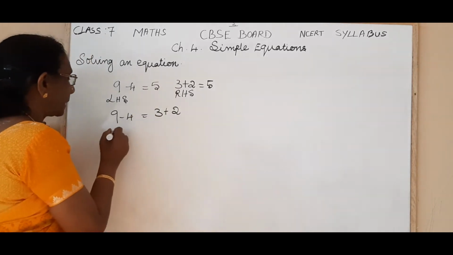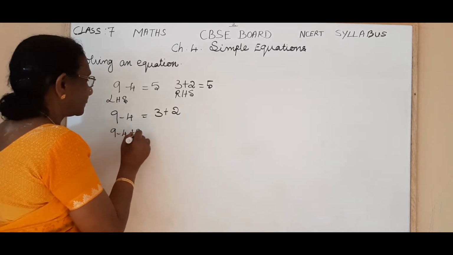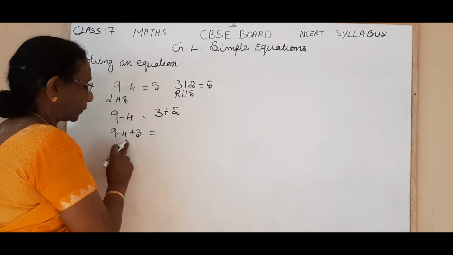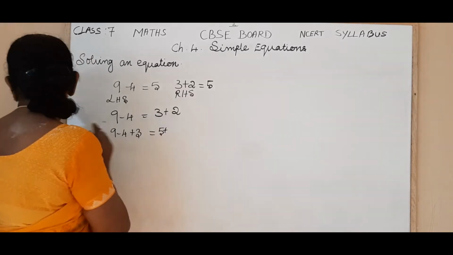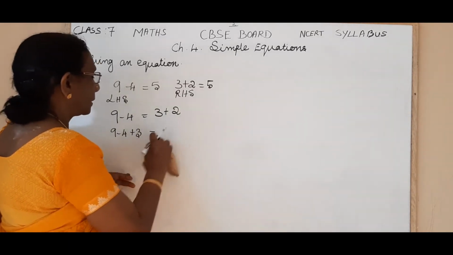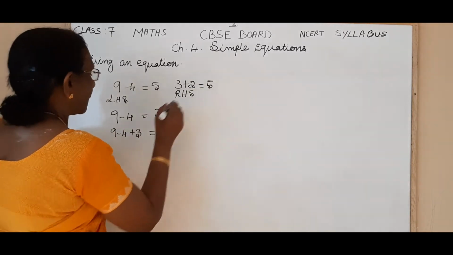Suppose you are adding 9 minus 4 plus 3. What do you get? 9 minus 4 is 5, 5 plus 3. 5 plus 3 is equal to what? 8.